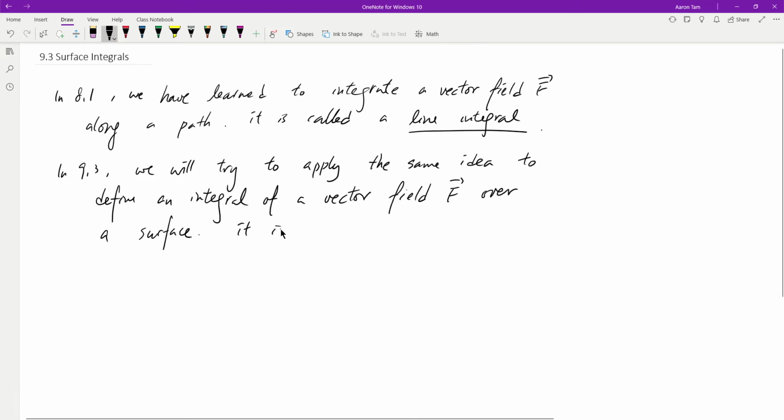It is called a surface integral. So the question is, how do we do that?